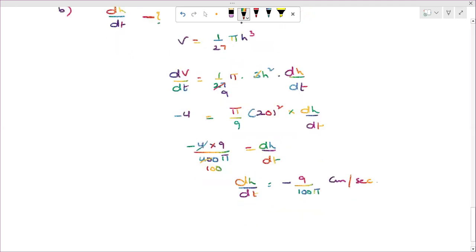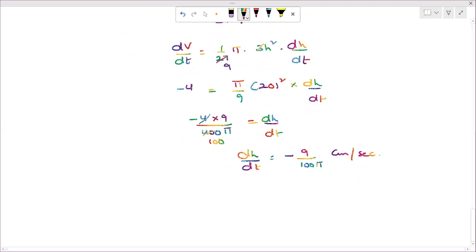Minus means the height is decreasing, at the rate of 9 by 100 pi centimeters per second. This is how we have to simplify the problem. I hope you have understood my explanation clearly. Thank you.